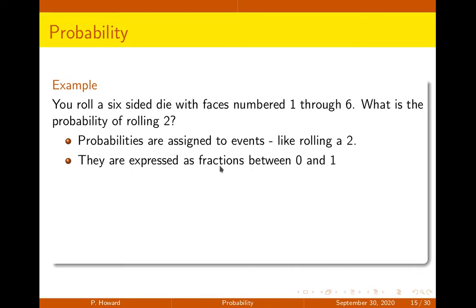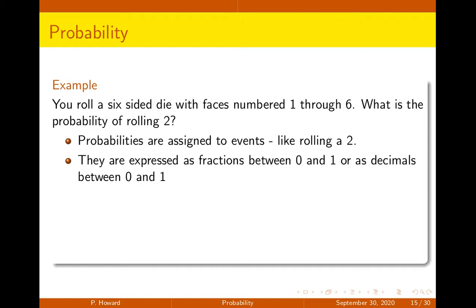Probabilities are expressed as fractions between 0 and 1, or as decimals between 0 and 1. So you find a probability 0.5, say, for some event.